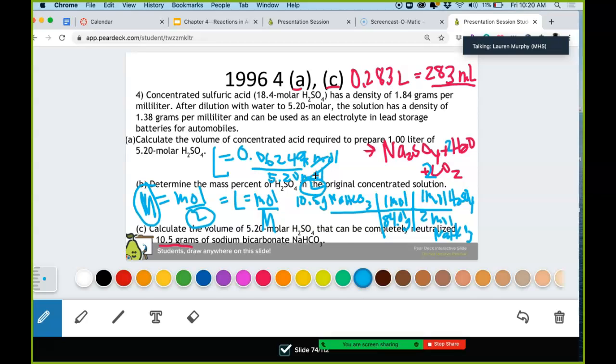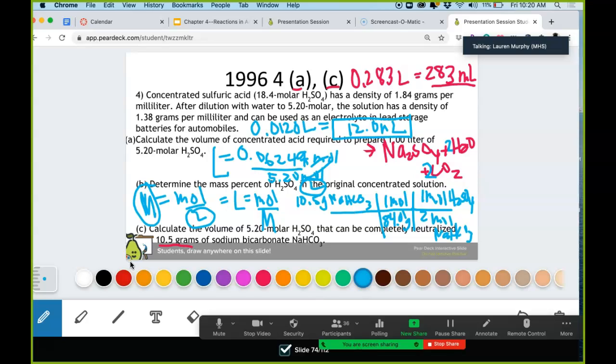I'm left with liters. So it's 0.012 liters, which would be 12 milliliters. Grams to moles to moles, back into the molarity equation. Any questions so far?